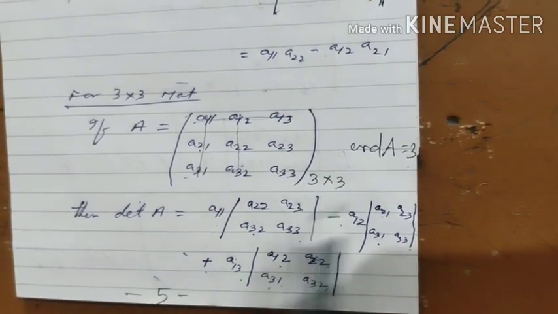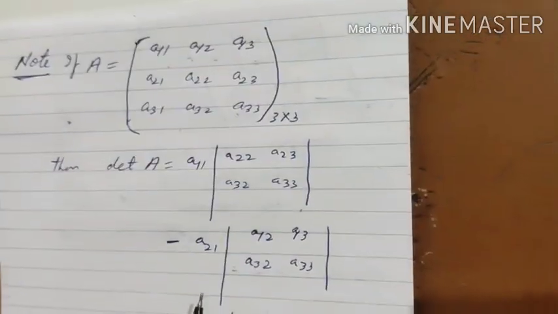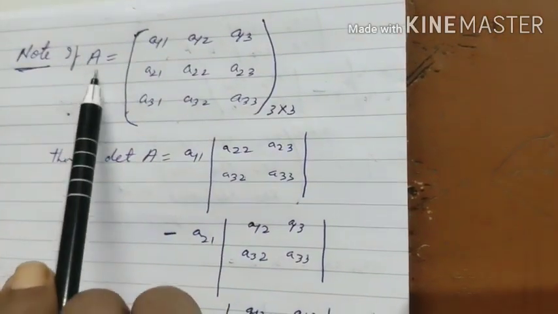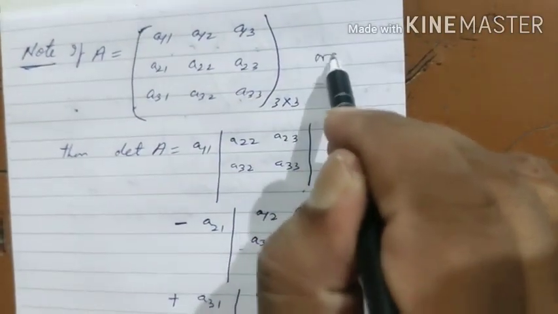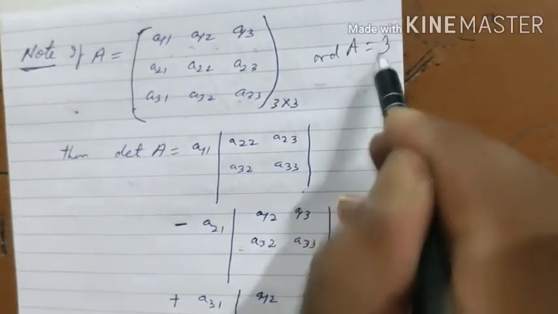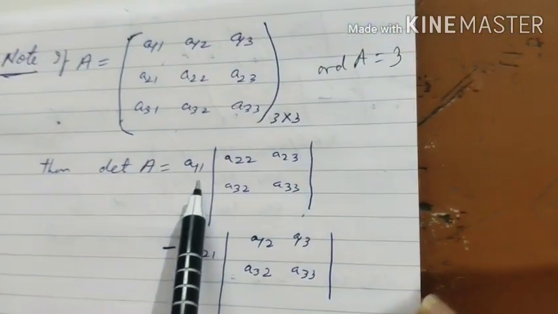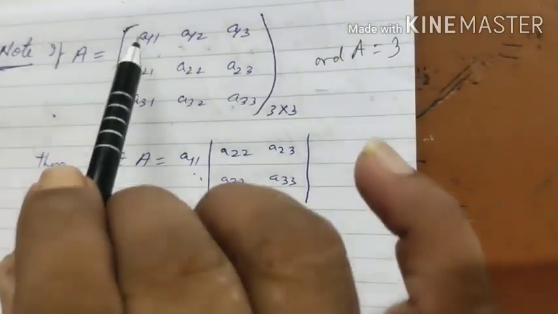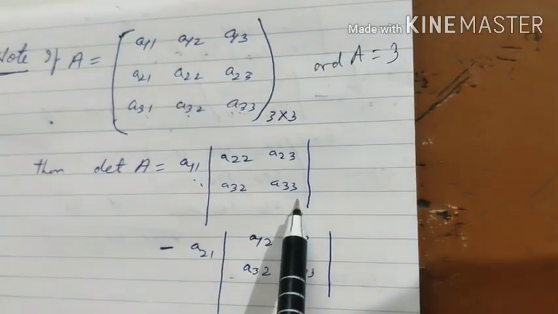In a similar way you have to write it. If A is equal to this 3 by 3, order is equal to 3, then the determinant can also be taken in the column way. A11 first, that means A22, A23, A32, A33.